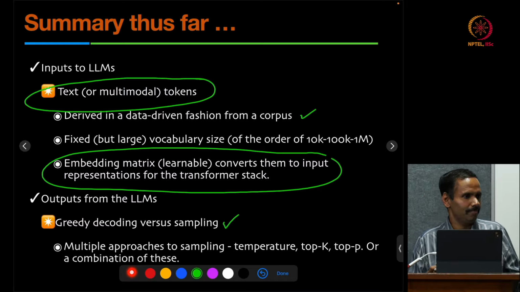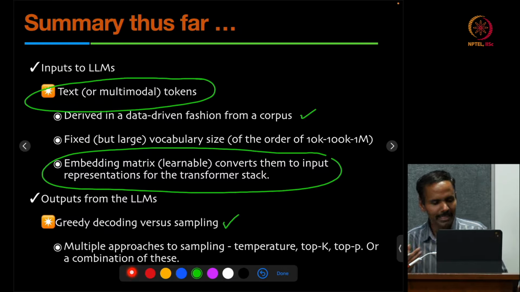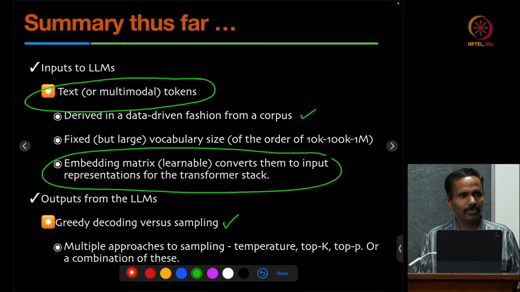You can apply a temperature, then apply a nucleus. Remember that if I want to put 0.8, but I kept a high temperature, then more candidates come inside 0.8. So you can also do a combination of temperature plus top P, and these are all very effectively used in sampling outputs from the model.